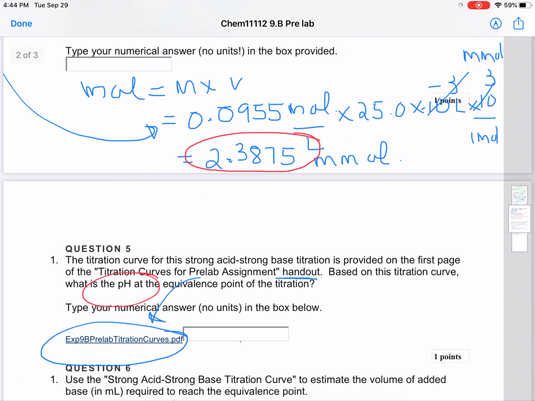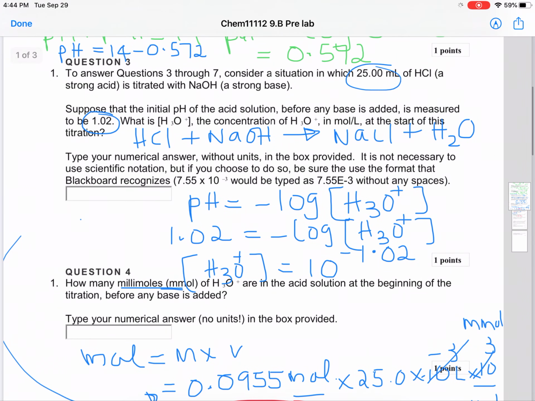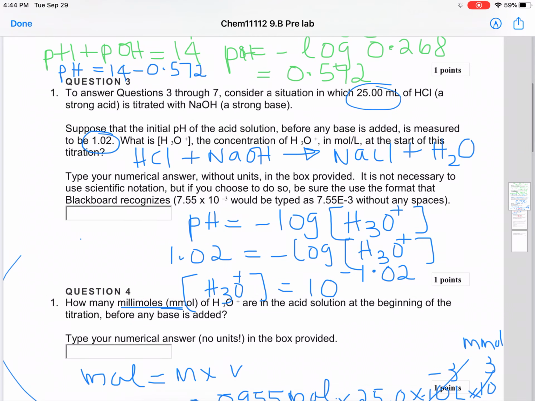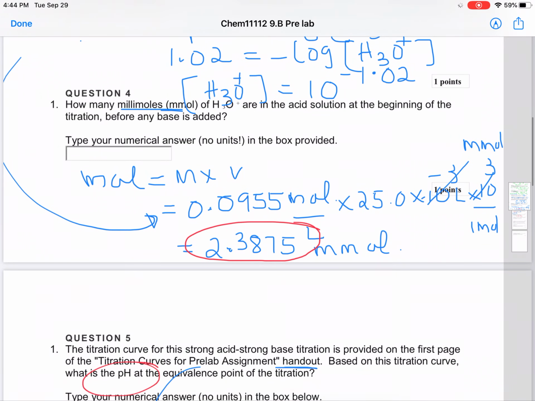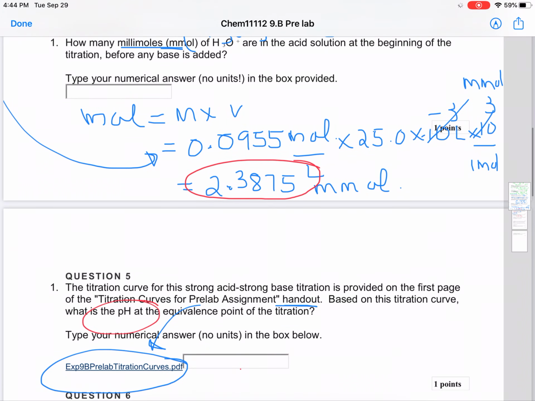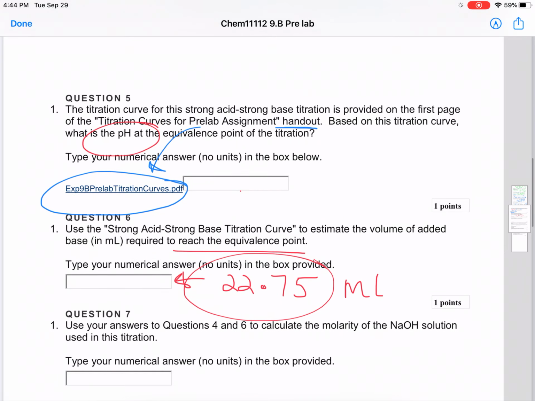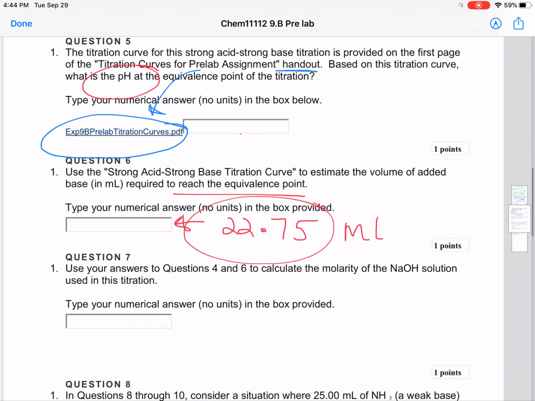Since this is a strong acid strong base titration, according to the equation, the number of moles of hydrochloric acid is equal to the number of moles of sodium hydroxide, right? So then the amount of sodium hydroxide in terms of millimoles is also going to be 2.3875, and we know the volume, 22.75.